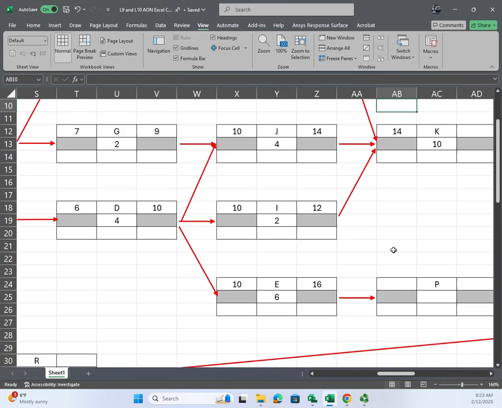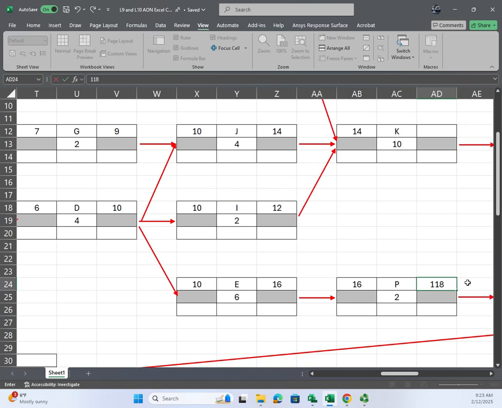All right. So as long as we're down here, we're in P. What's P's predecessor? P's predecessor is E, and P's duration is 2 days. So that has a predecessor of 16, so that means it's 18. Okay, to finish K, it's going to be what? 24.